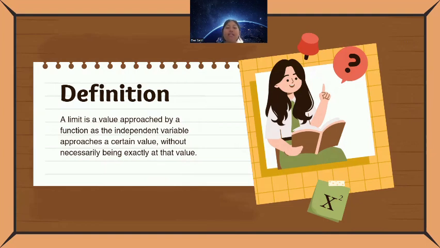First, let's talk about the definition of a limit. A limit is the value that a function approaches as the independent variable approaches a certain value. In simple words, a limit tells us what value the function is getting close to when the variable moves toward a particular number.